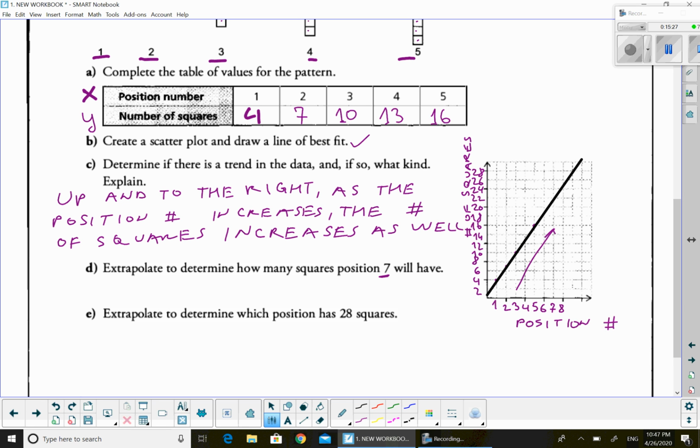And you can actually be specific and say that for every position number increases by 3 squares, but for now it's all right.